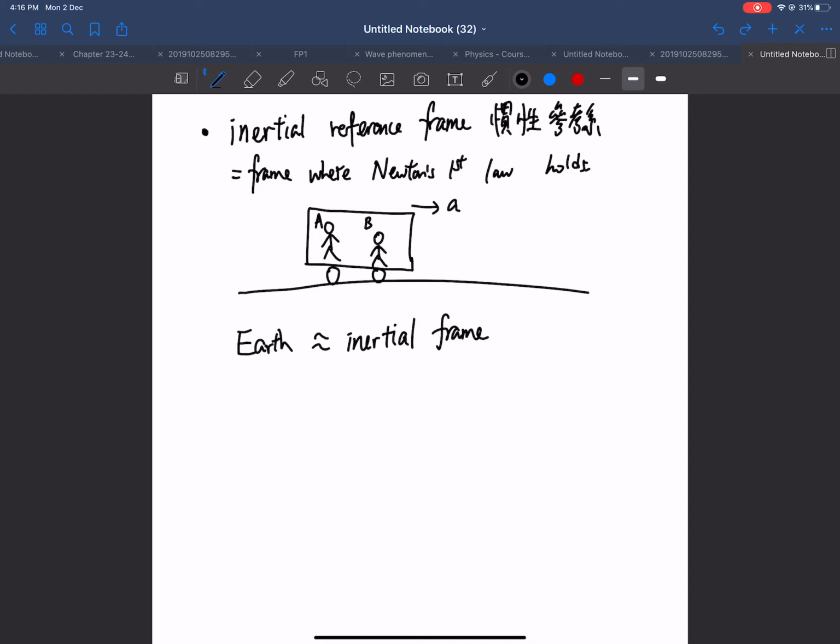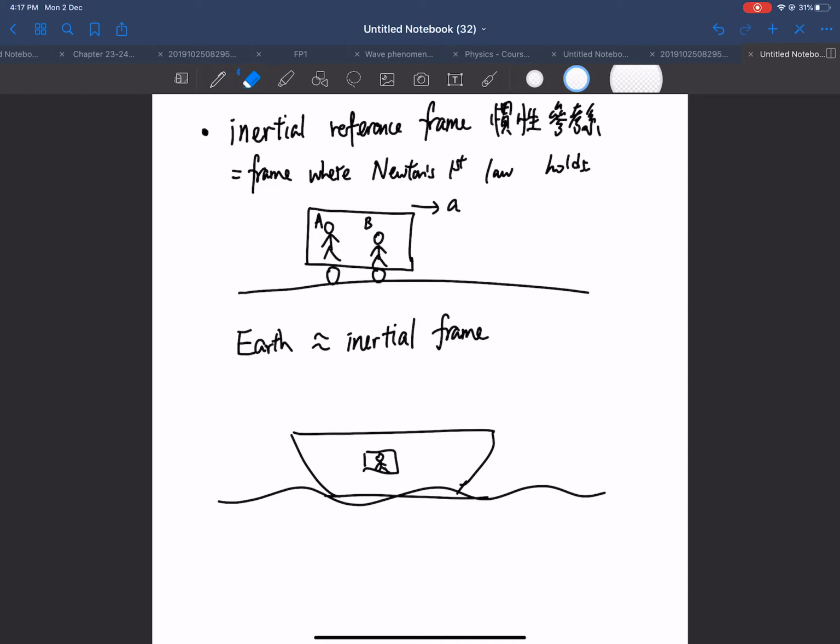Also, just to give you an idea about the inertial reference frame, there's a story that if you are inside a large ship, in a dark room where you can't see outside, even if you have the most expensive apparatus in the room, you can't tell whether the ship is moving with constant velocity or at rest.